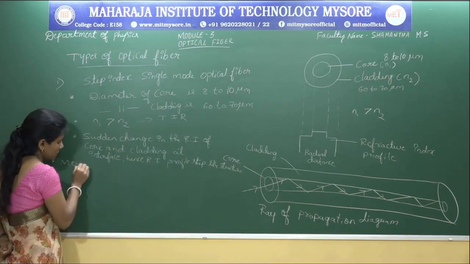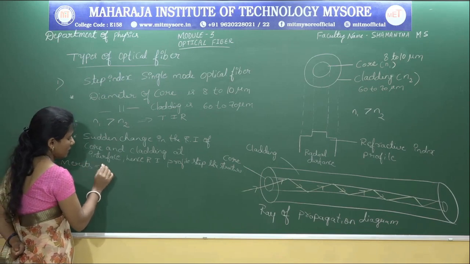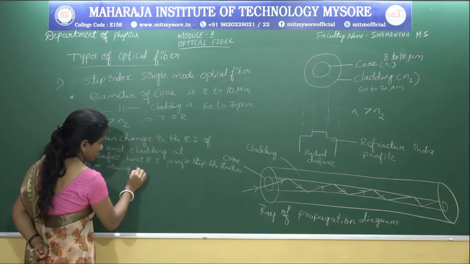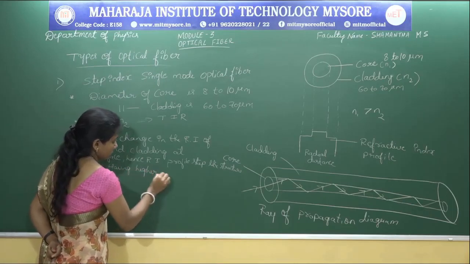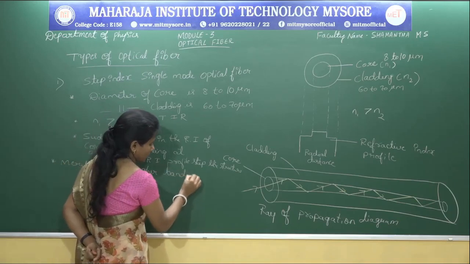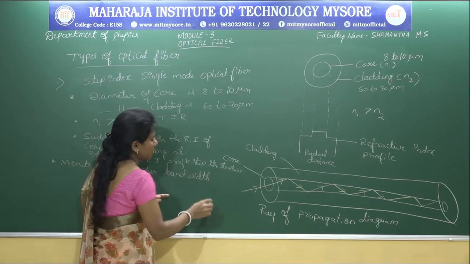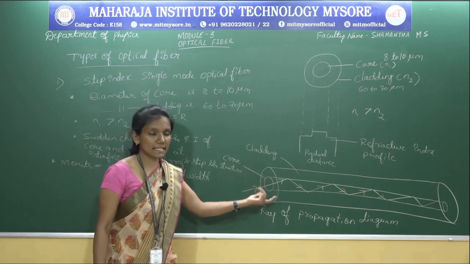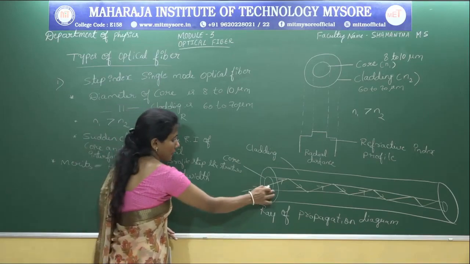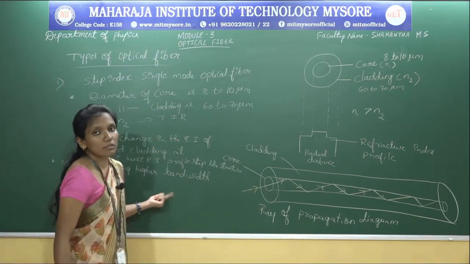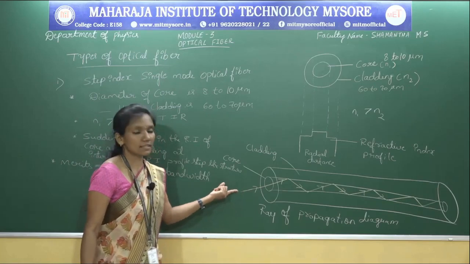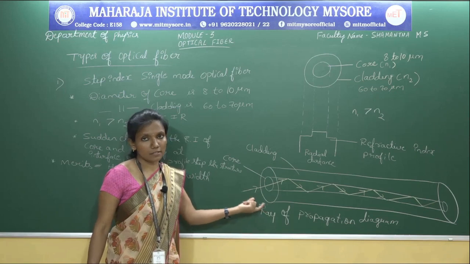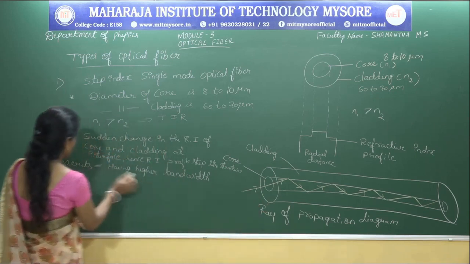The merits: it has a higher bandwidth, so there is no dispersion and no loss of the signal inside the optical fiber. Also the speed of this signal is unmatched compared to the other optical fibers.